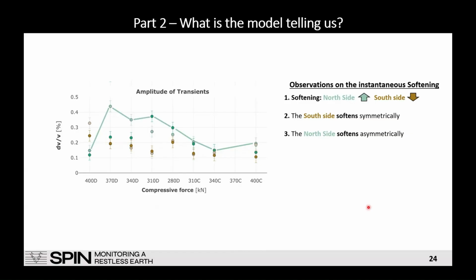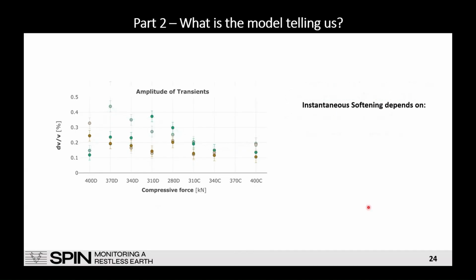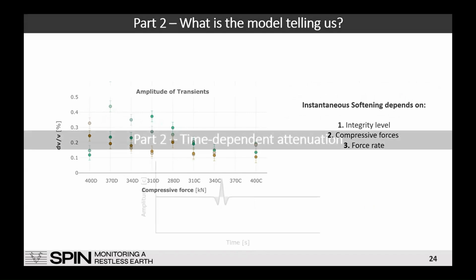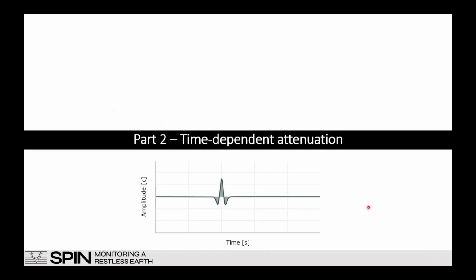So yes, we have more insights about what is happening in terms of damage kinematics in concrete of low integrity level. The point that I want to mention here is that instantaneous softening not only depends on the integrity level, but also on the compressive force and on the force rate, so the force that precedes the compressive state of the bridge.